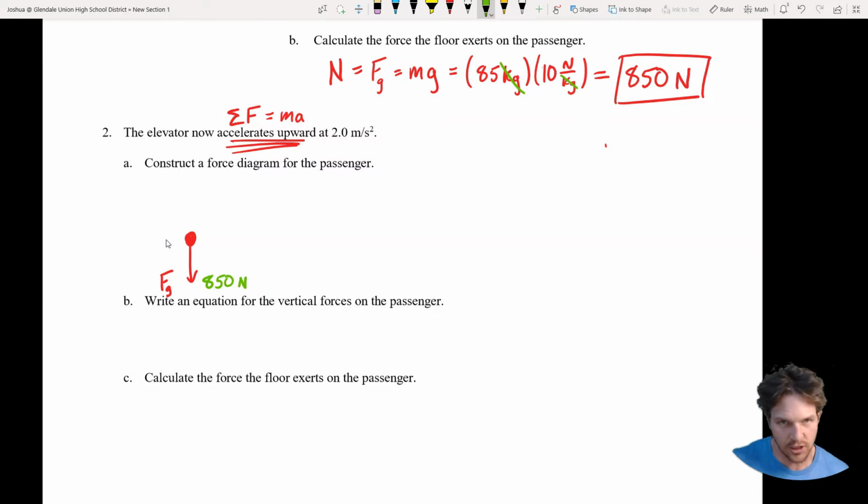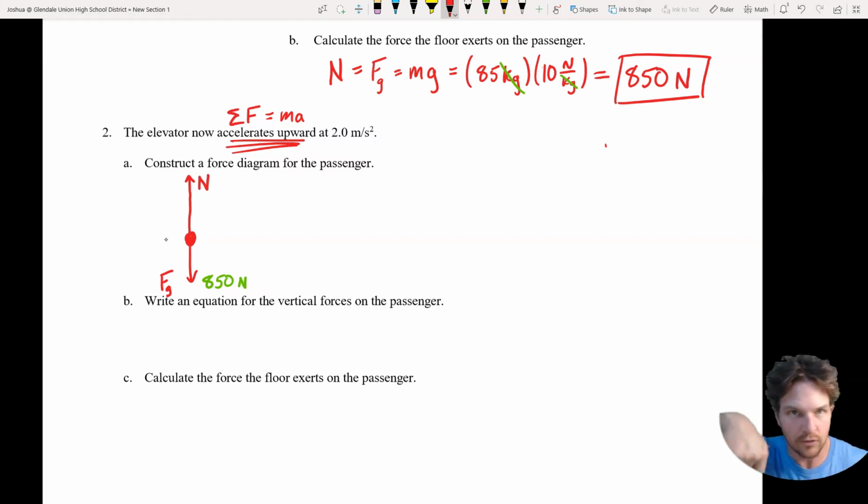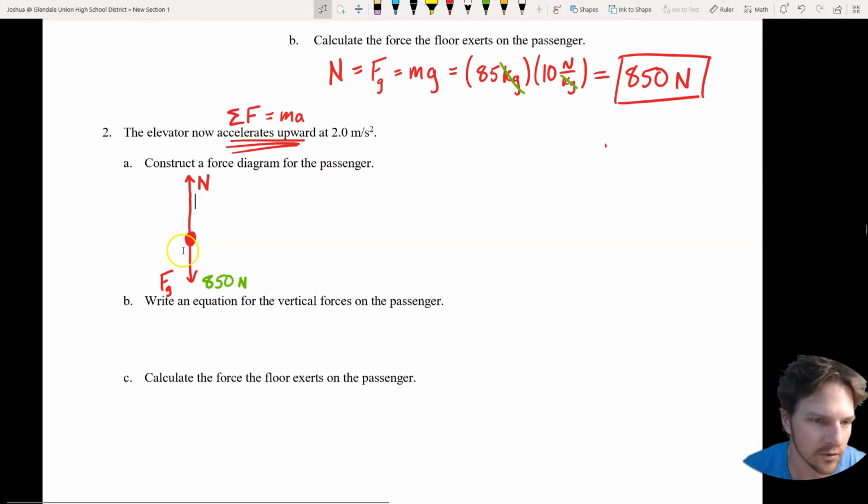Okay, so that doesn't change at all. But if they're accelerating upwards, I know that this upward force needs to be noticeably bigger than the downward force, right? That's the only way that it's going to accelerate up. So I know this. I don't know this number yet, okay? But that's what my force diagram is going to look like so far.